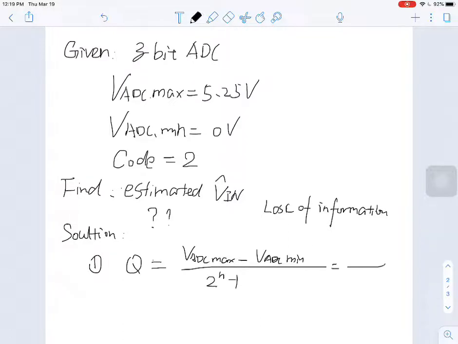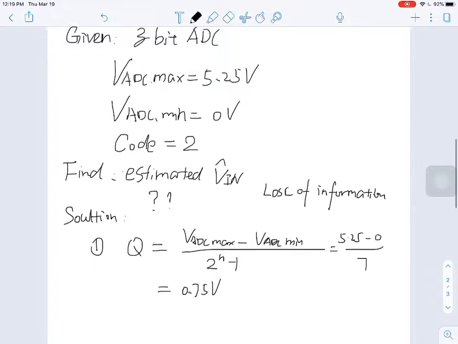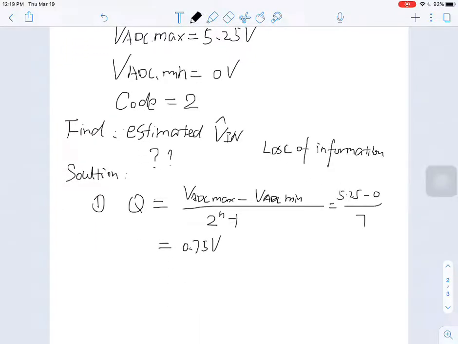This is the same: 5.25 minus 0 divided by 7. And we find this is about 0.75 volt. So that tells you the resolution of the voltage step.